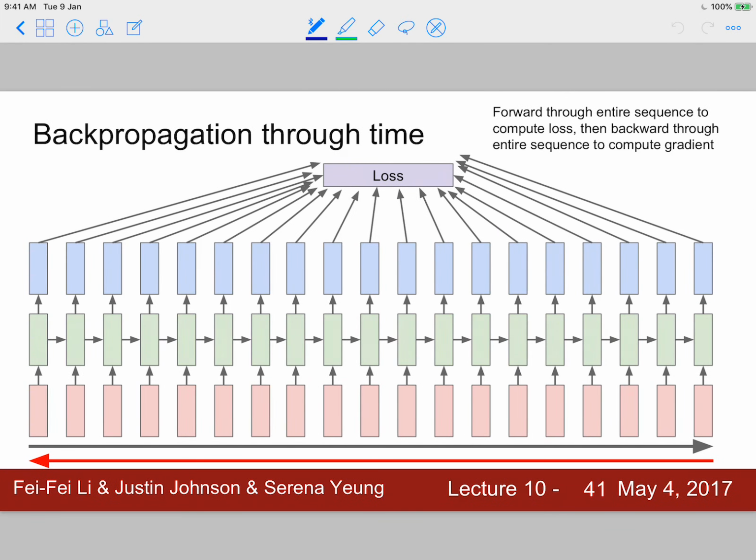Okay, so in this case, let's imagine some gradient arriving at this point. And then if we redraw this RNN cell, it will have a tanh, right? This tanh will have its own gradient, which is definitely less than 1. It actually ranges between 0 and 1, right?